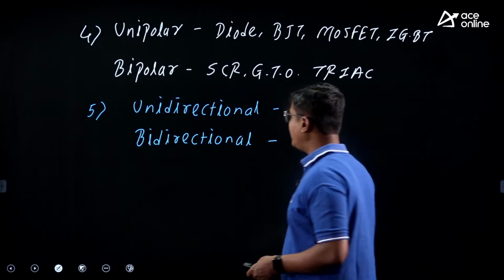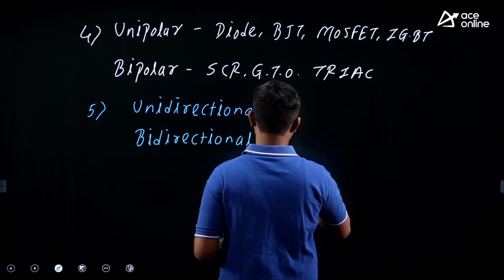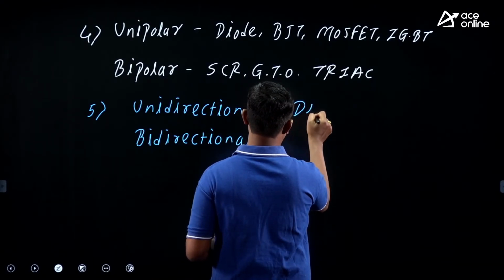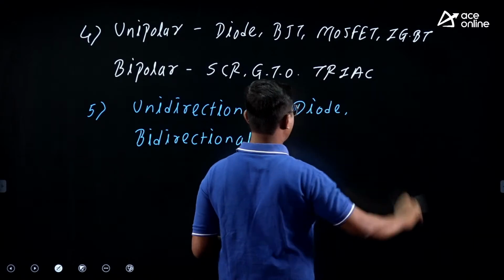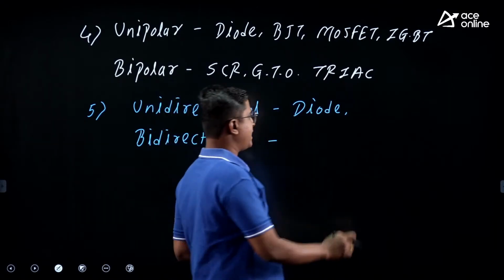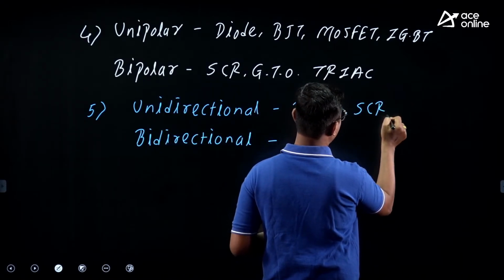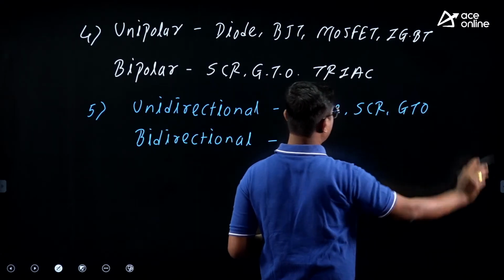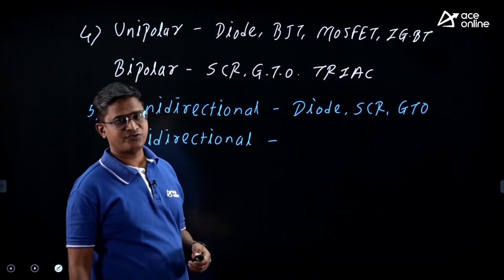So examples of unidirectional switch: diode. Diode is a unidirectional switch. SCR, unidirectional switch. GTO is also a unidirectional switch, right?